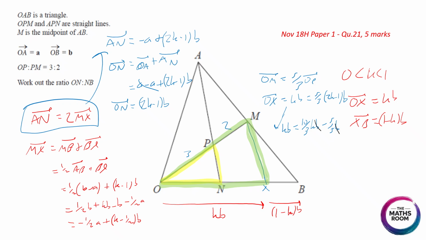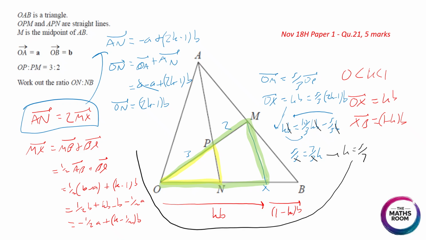Solve for K. So let's bring this over here. 5/3 is 10/3 minus 3/3 is 7/3 K. Cancel the 3's. Divide by the 7. K is 5/7.